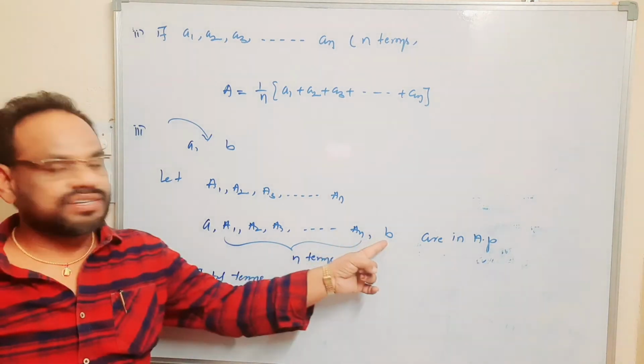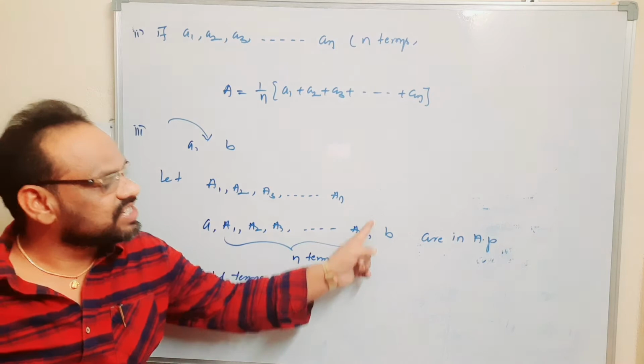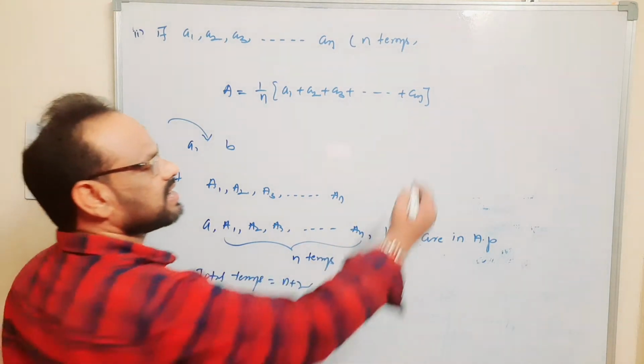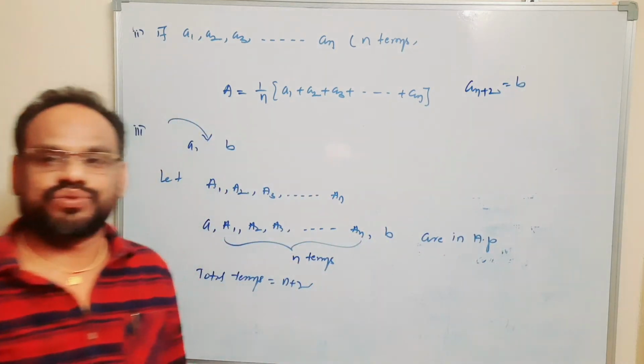What is the position of b? The position of b is the n plus 2th term, which is equal to b.